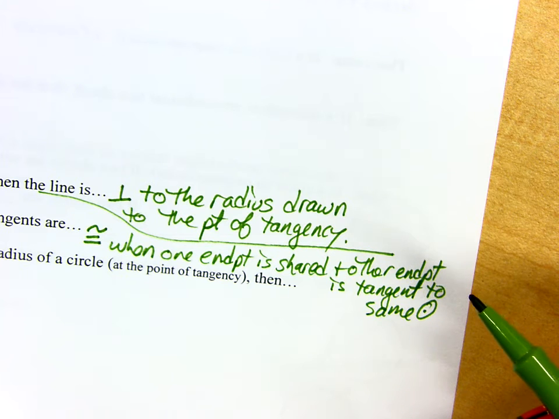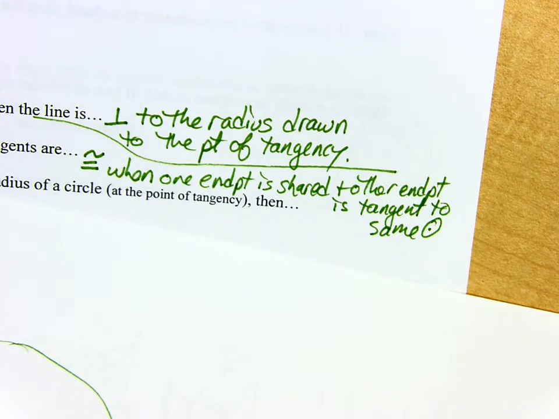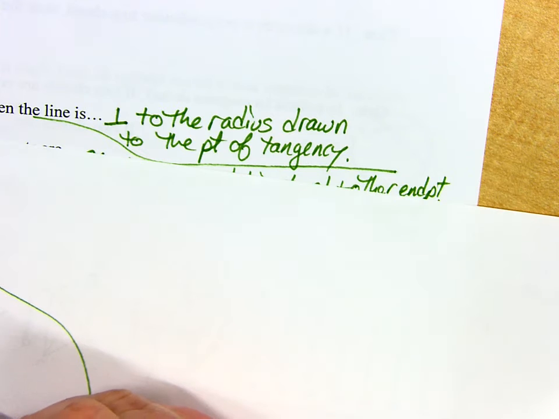Okay, so the next one here says, if a line is perpendicular to the radius of a circle at the point of tangency, then, so what do you think happens in this scenario? Well, it kind of gives itself away by even saying the words point of tangency.